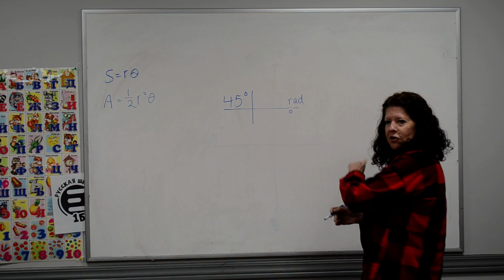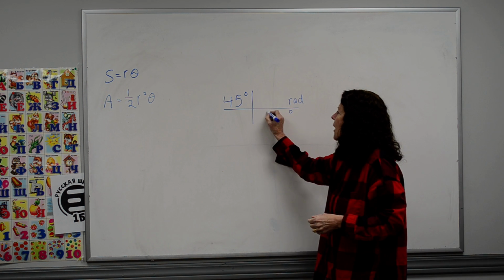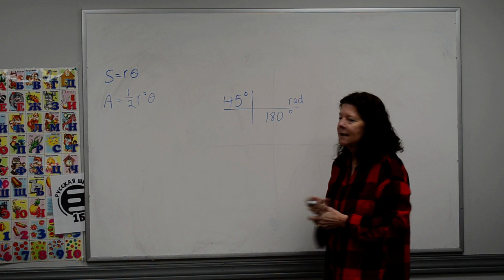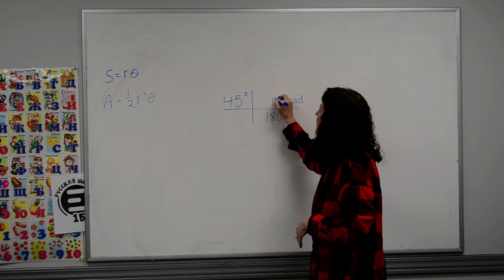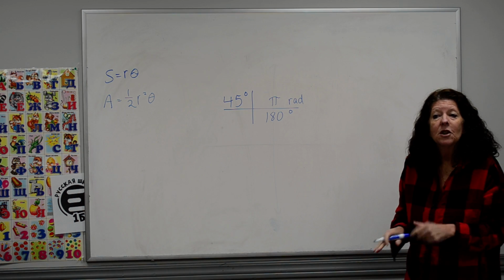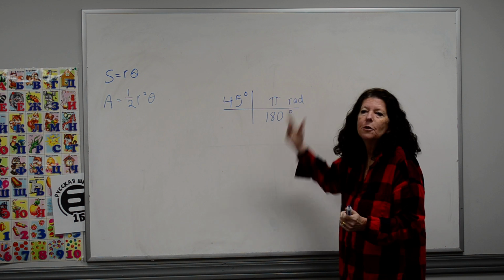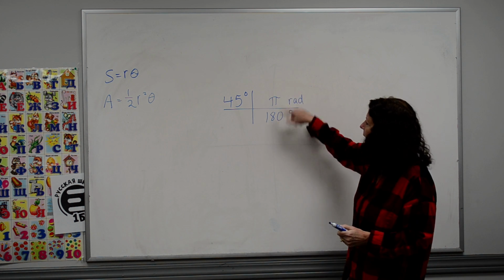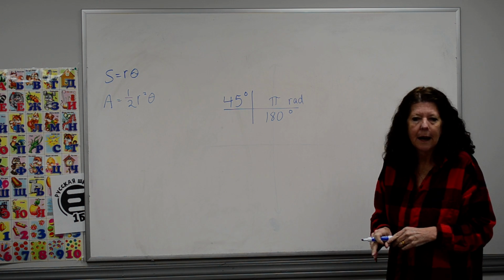Now, we just looked on our coordinate plane. 180 degrees is the same as what? 1 pi. Pi radians. Okay, so that is the way that I always switch it. Now, you do not have to do it that way. You could do 360 degrees is equal to 2 pi radians. But my unit of change is always the pi in the 180, okay?